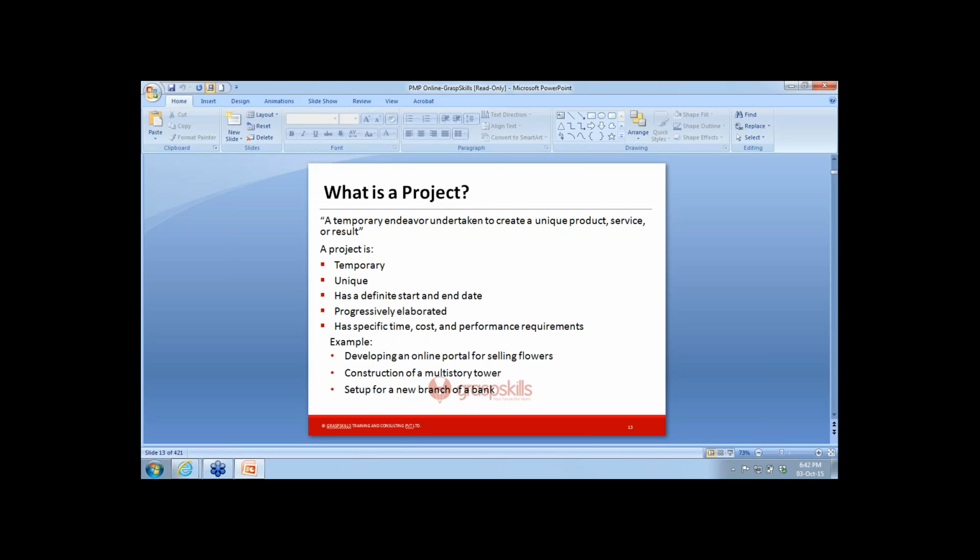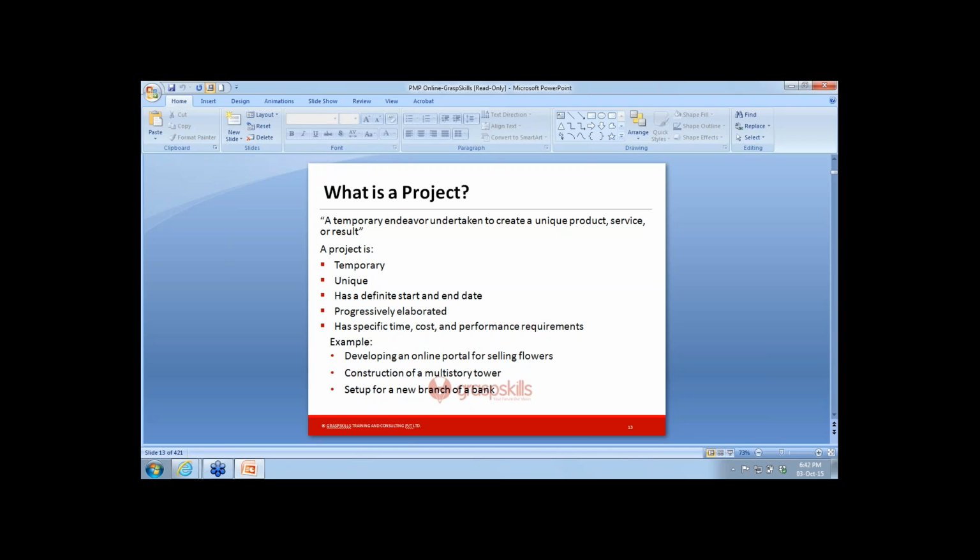It has a definite and specific time frame, cost attached, and an outcome or performance requirement. This is one of the most important fundamental definitions of what a project is.